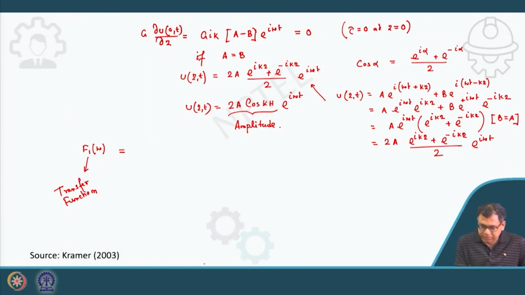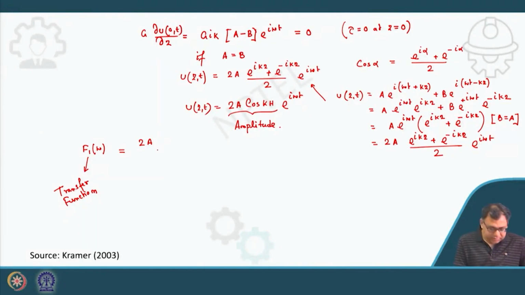So now if I put this amplitude, that this will be 2a, this is the ratio between your displacement amplitude at z equal to 0 and at z equal to h. So that is the transfer function. So from the bedrock I am transferring it to ground surface.